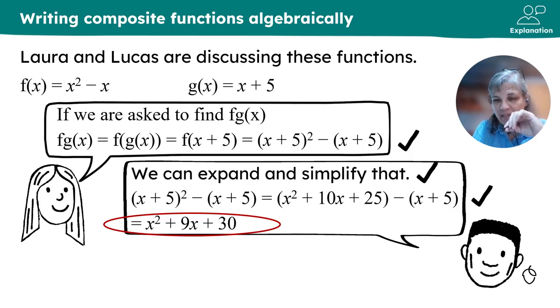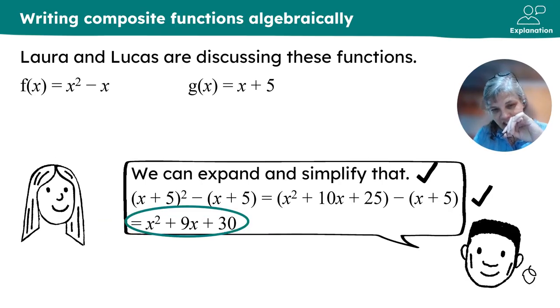The problem is that they forgot that the negative applies to both the x and to the 5. And so they ended up with 25 plus 5 making 30 instead of 25 minus 5 making how much? That's our problem right there.